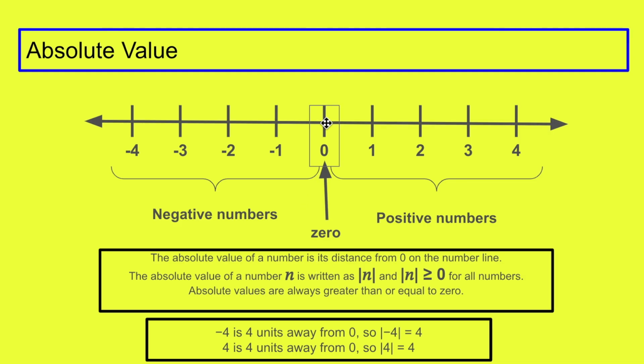The distance between 0 and 1 is 1 mile, for example. 0 to minus 1 is also 1 mile. 0 to 4 is 4 miles, and 0 to negative 4 is also 4 miles. So we should know that whether it is positive or negative, the distance between these 2 points doesn't change actually.